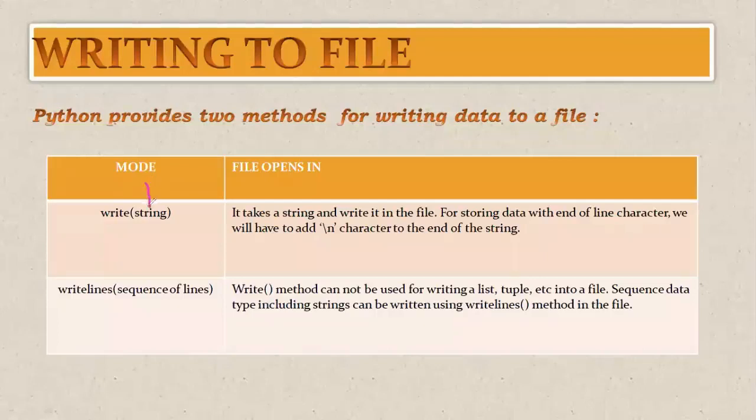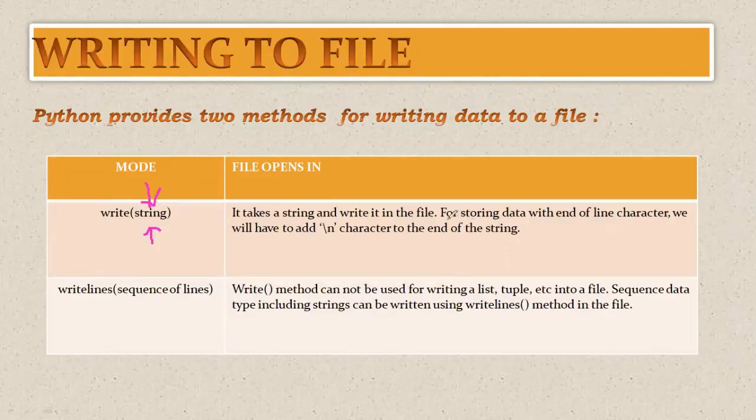So if we write "Ram is a good boy" here, the content will be written inside the file. The main condition is that the file must be open in write mode. Then only can we write the content inside the file.